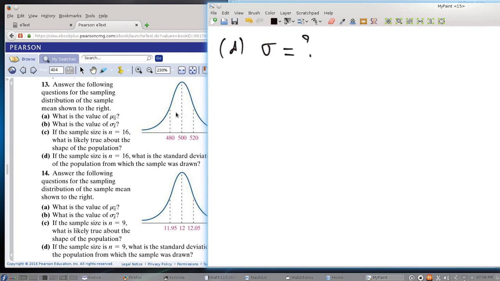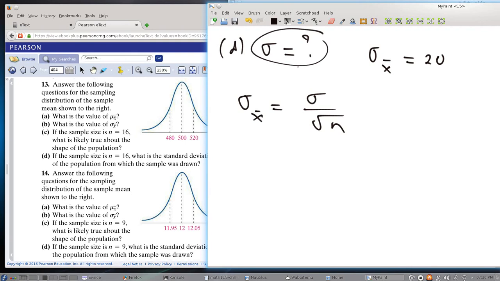And from this sampling distribution, we already know the standard deviation of the sample means, which is 20. The equation that we need to compute is from here. So here we need to solve for sigma, right?